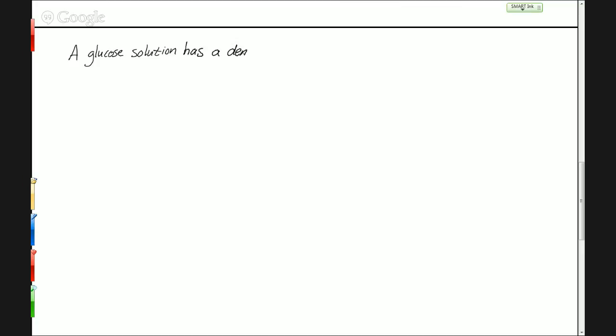has a density of 1.15 grams per milliliter.